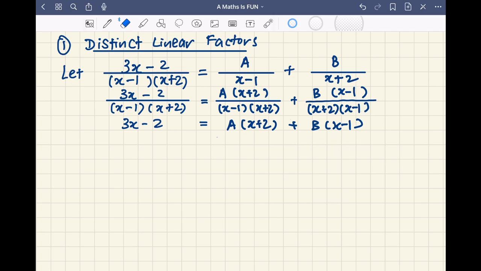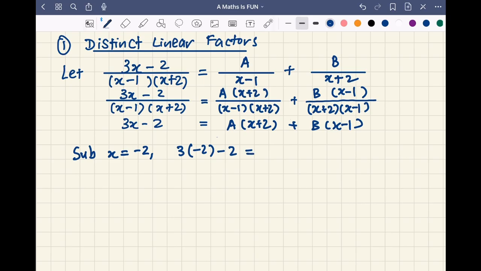So in order for me to set this to 0, what I need to do is to basically replace the x with negative 2. So the first thing I will do is to sub x equals to negative 2. And what that does on the left hand side is I just sub the negative 2 into the left hand side.